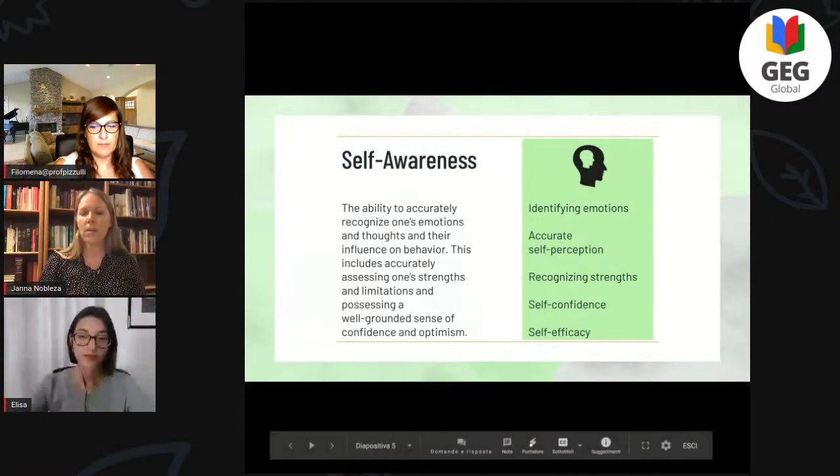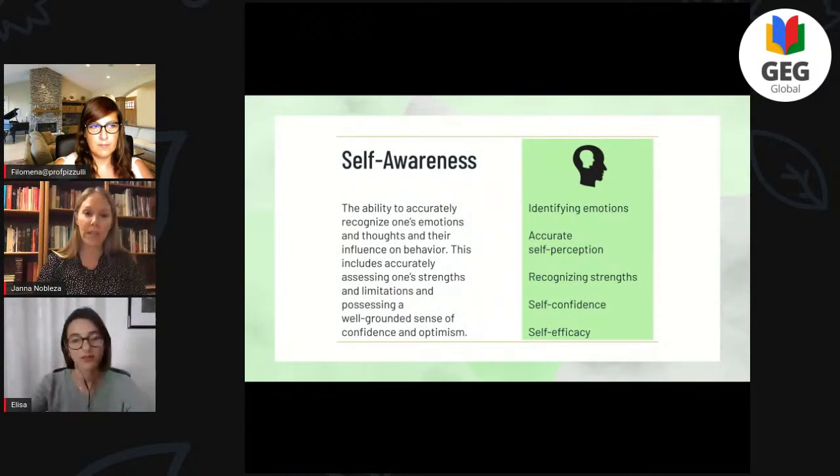And self-awareness is really the ability to identify our own emotions and our thoughts, and how those emotions and thoughts influence our behavior. It also takes into account things about our strengths and limitations, having confidence, and some growth mindset as well. So some of the smaller categories within the competency are over on that green rectangle there.